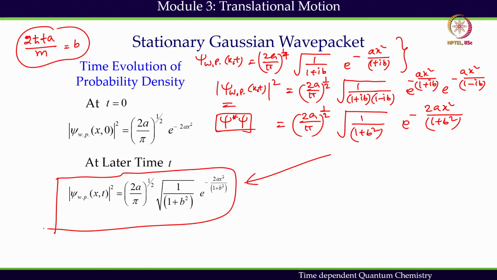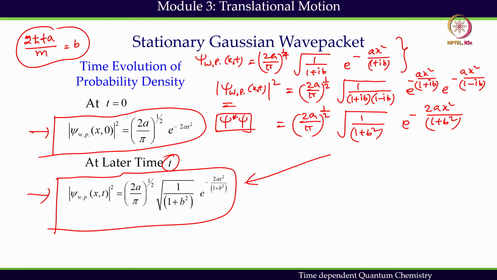So, what we have presented is that this is the probability density distribution of that particle at any later time t, and initial density distribution was this. So, these are the two different expressions we have for different time. This is the initial time and this was the final time, the density distribution.